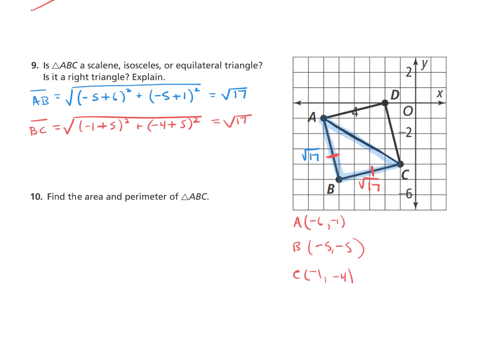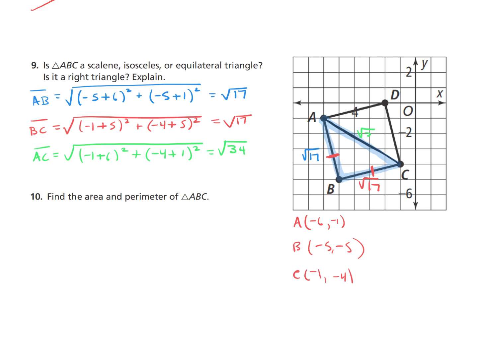Our third side is side AC. Square root of, subtract our x's. Let's see, -1 minus a -6 is +6 squared. Plus now we subtract the y's. -4 minus a -1 turns into +1 squared, equals the square root of 34.